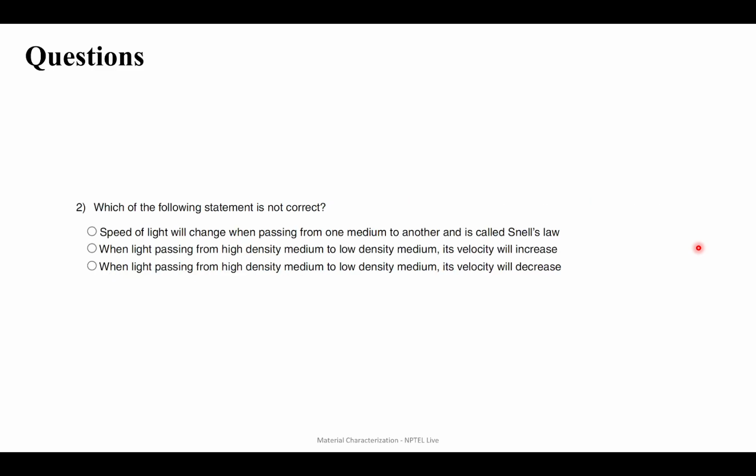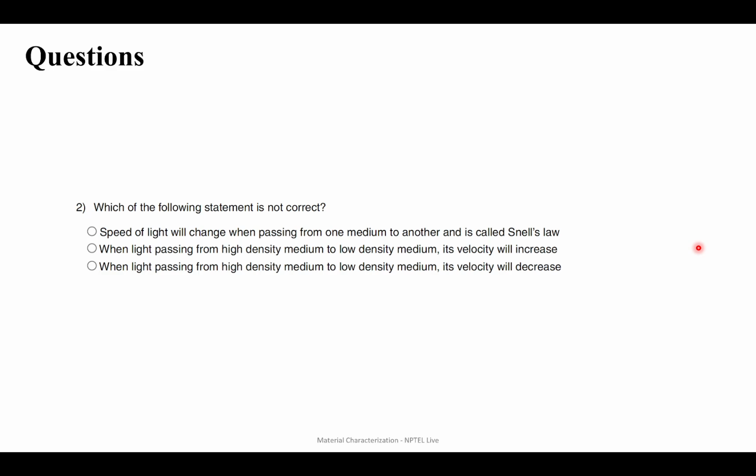Which of the following statements is not correct? Speed of light will change when passing from one medium to another and is called Snell's law. When light passes from higher density medium to low density medium, its velocity will increase.